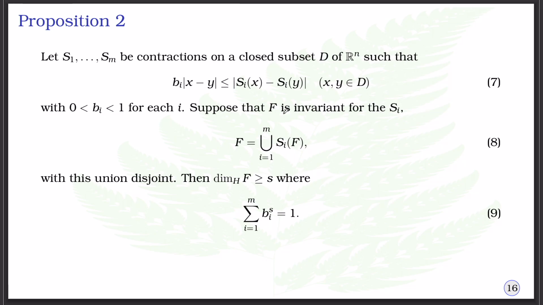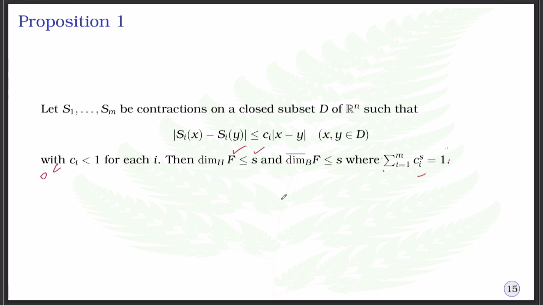Suppose that F is invariant for the iterated function system Si, with this union disjoint, then the Hausdorff dimension of this invariant set F is greater than or equal to s, where s satisfies this equation.